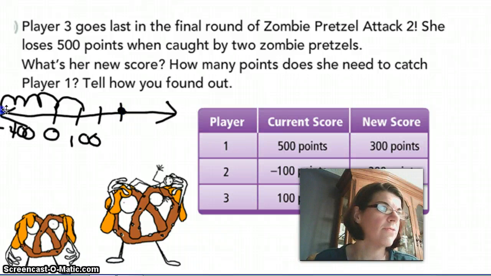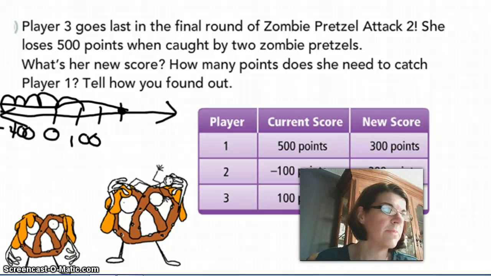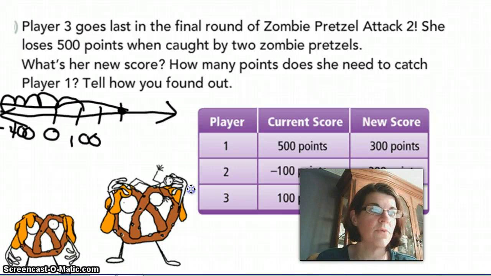If we're back at negative 400, we have to go 400 to get to 0, and then another 300 to make it to player 1. So 400 points plus the 300 points, we would have to earn 700 points to catch up to player 1.